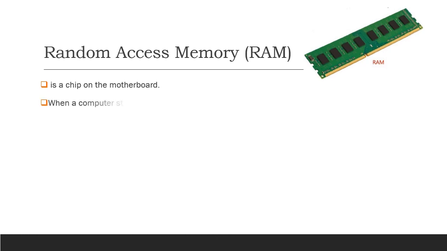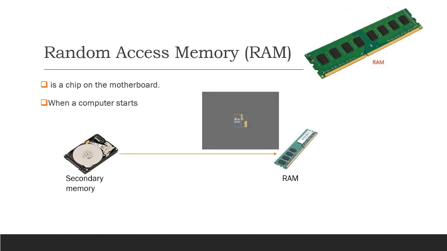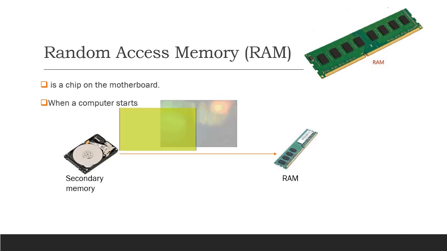When a computer starts, many files of the operating system are getting loaded from the secondary memory onto the RAM, the primary memory. So this is what is happening when the computer is started.